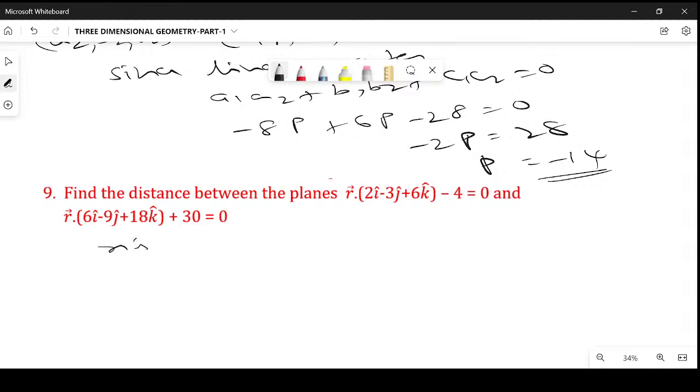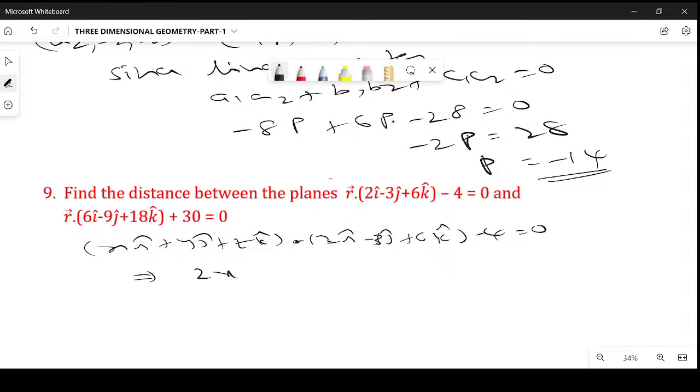I can write xi cap plus yj cap plus zk cap dot 2i cap minus 3j cap plus 6k cap, minus 4 equal to 0.